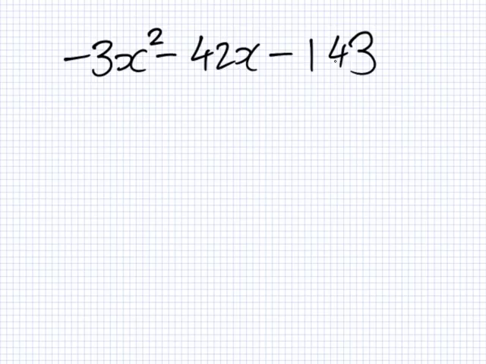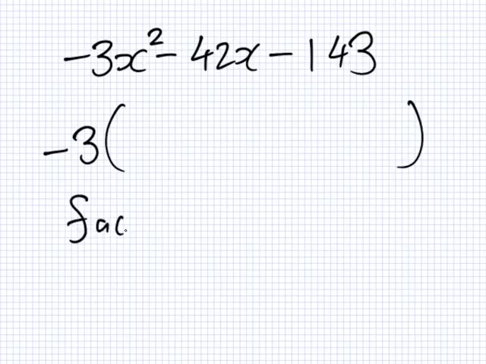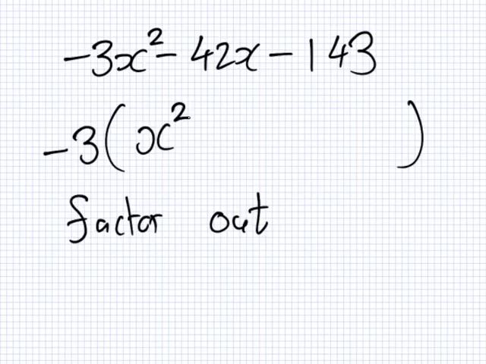Over minus 3. Almost. I understand what you mean. You want to take the minus 3 like this. This is called factor out. So this will be x squared.